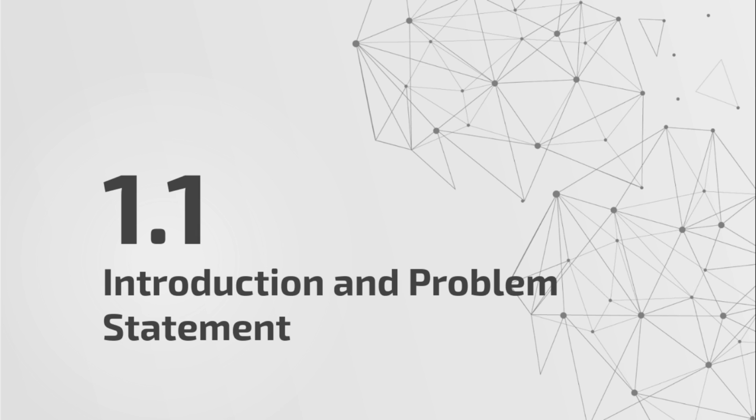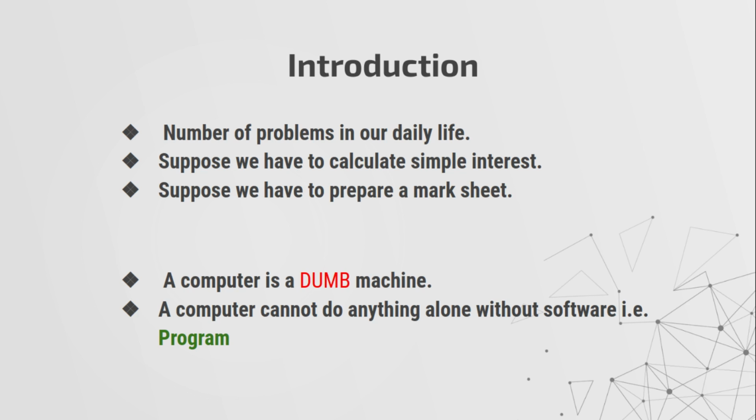So in this first section, let us introduce the problem statement of problem solving with computer. Let us assume there are a number of problems in our daily life, and let us remember how we solve those problems. We have a problem, we think about that, and we think about the different approaches that are available to solve the problem, and then we go to execution.